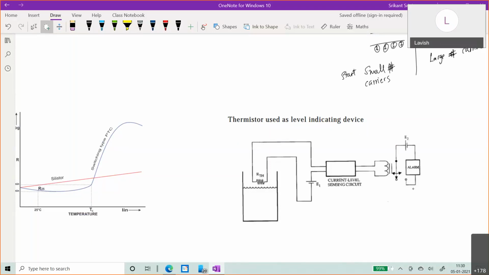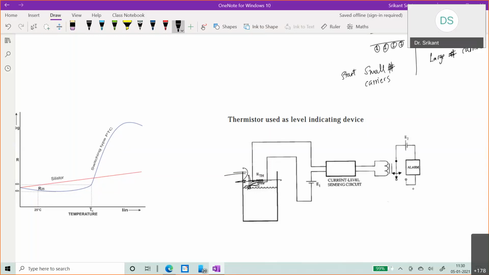Very straightforward. All we are saying is that I want to detect the water level. Water level should not exceed some point. Supposing this is my tank and this is my water level limit. After this, it will start overflowing. So I'm going to keep a thermistor. Supposing there is a pipe pouring water over here and the water level is going on increasing.